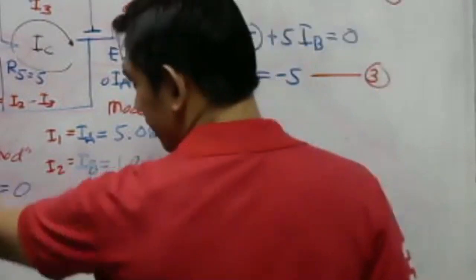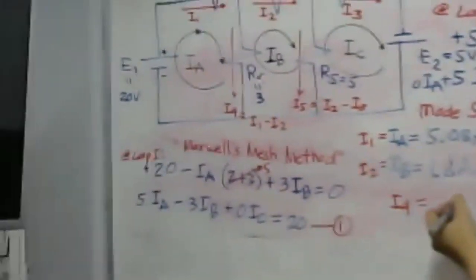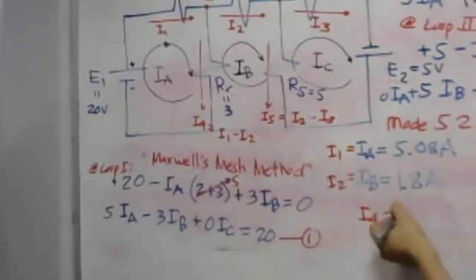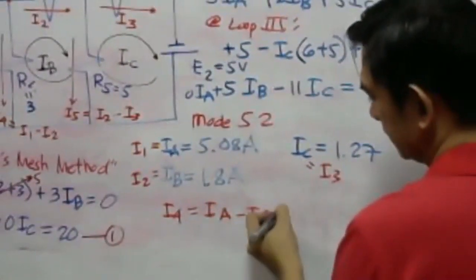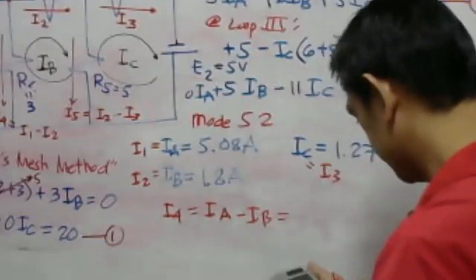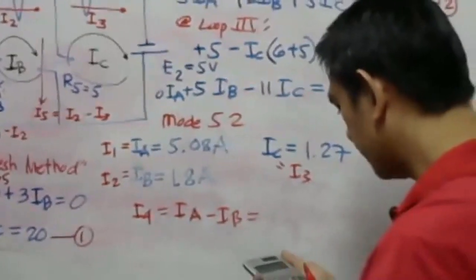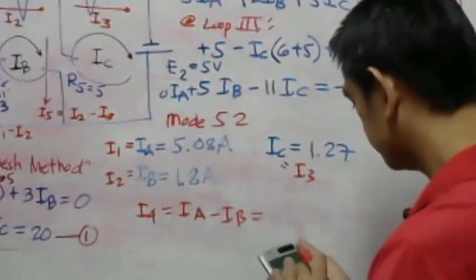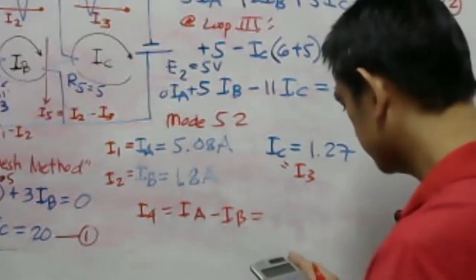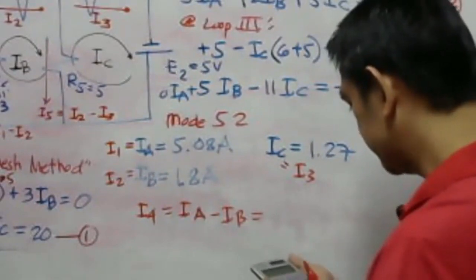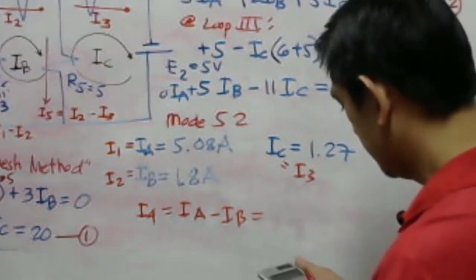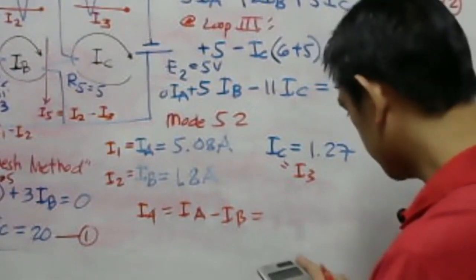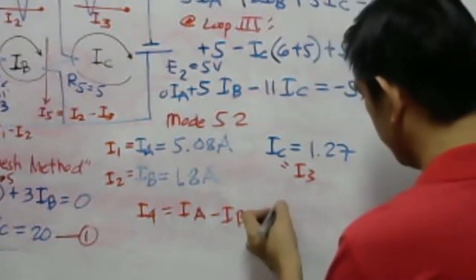I sub 4 is I1 minus I2, which is IA minus IB. Let us calculate this. This is our IA 5.08, minus I sub B 1.8. So that is 3.28 amperes.